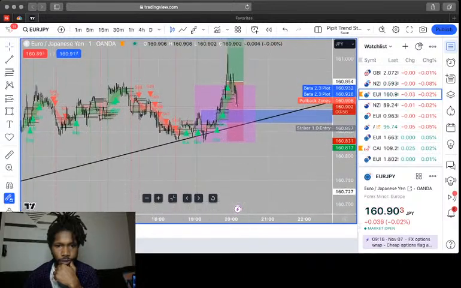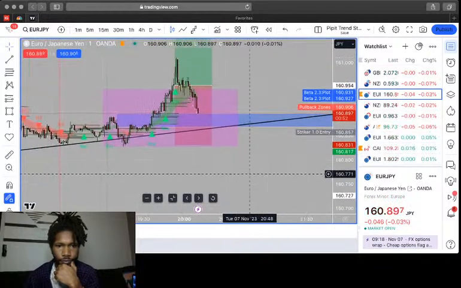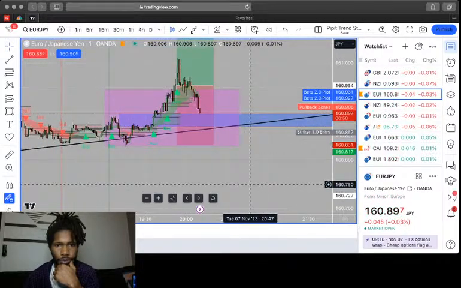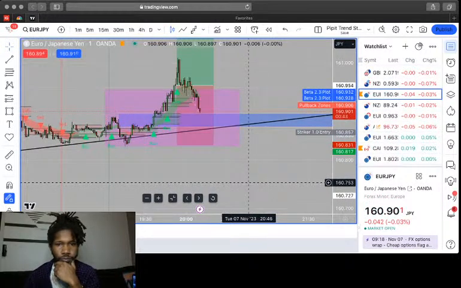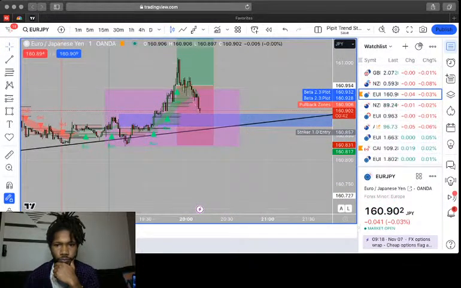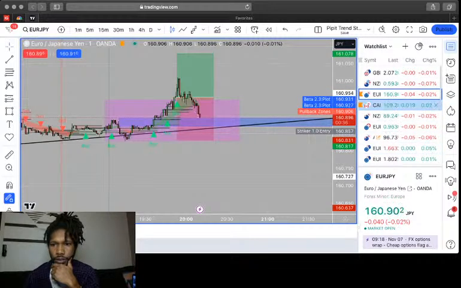Yeah, if we can get price to hold this trend line, hold it above this zone, that'd be awesome. Alright, so yeah, those are the couple trades that we're taking right now.